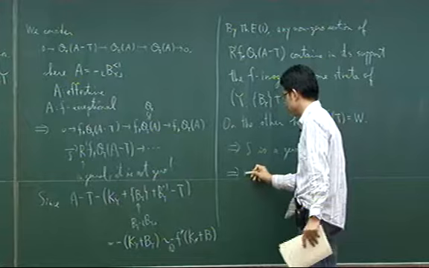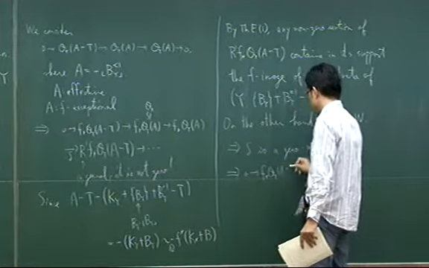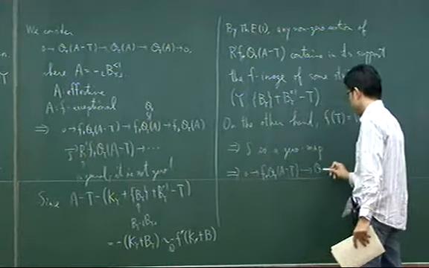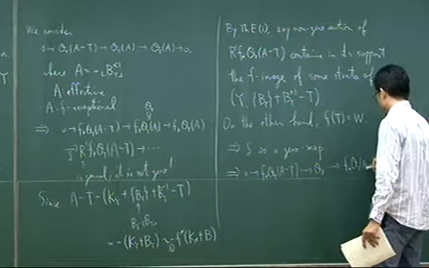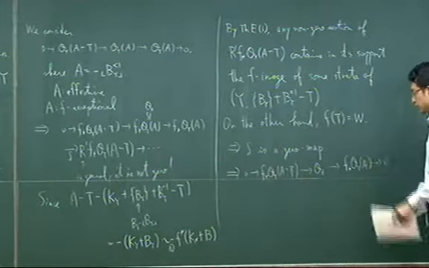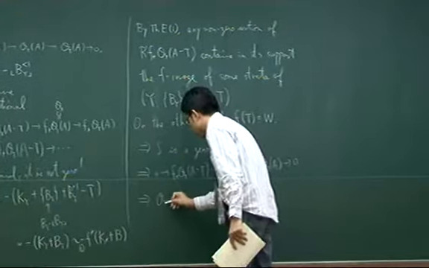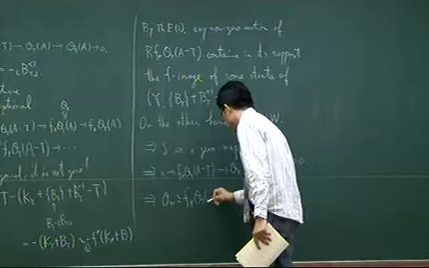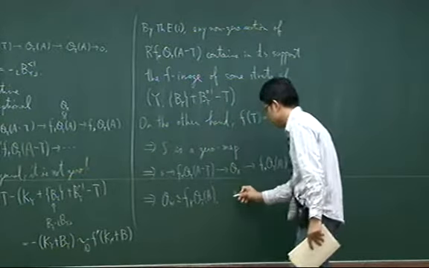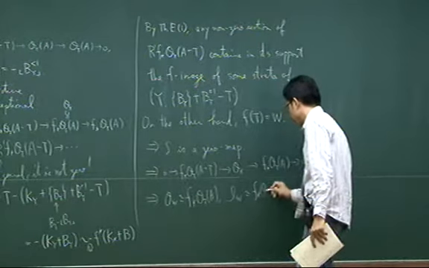Therefore, we obtain 0 to f_* O_Y(A minus T) to O_X to f_* O_T(A) to 0. Okay, so we obtain O_W is isomorphic to f_* O_T(A), and it is obvious that I_W is isomorphic to f_* O_Y(A minus T).